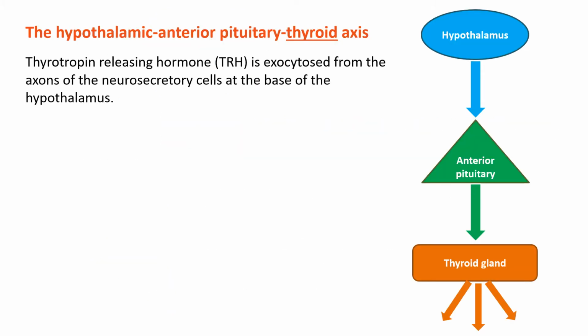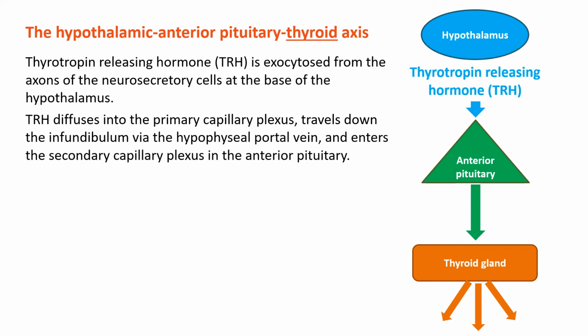So let's talk about the hypothalamic anterior pituitary thyroid axis. So here we're taking it down to the thyroid gland. TRH, thyrotropin releasing hormone, is exocytosed from the axons of the neurosecretory cells. This will be the ventral nucleus at the base of the hypothalamus. So remember those little short axons, exocytosed at the top of the infundibulum.